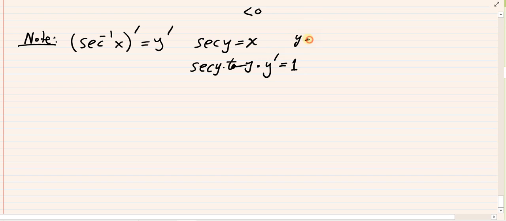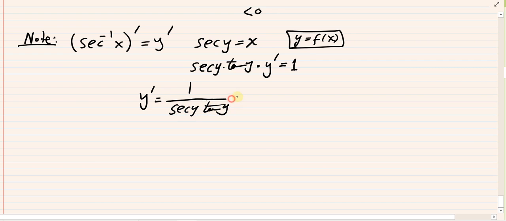The assumption is y is a function of x here. That's why we have y prime. Now if I solve for y prime, y prime is going to be 1 over secant y tan y. Now secant y is x, so I'm just going to go 1 over x, and then tangent of y.